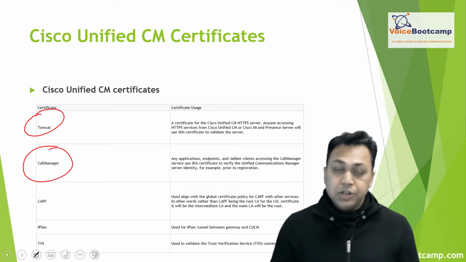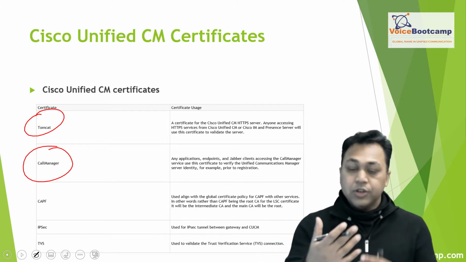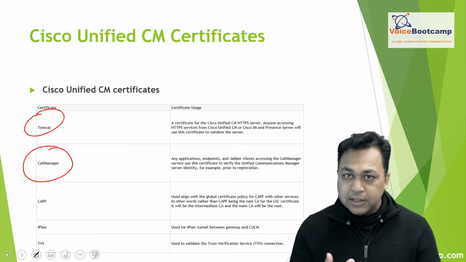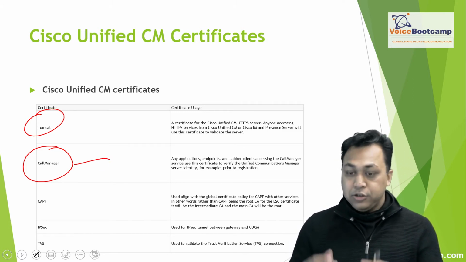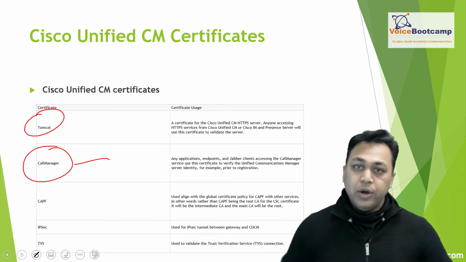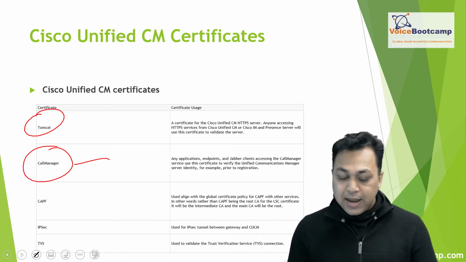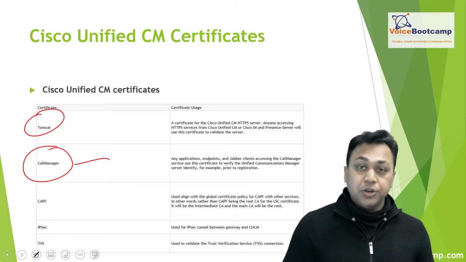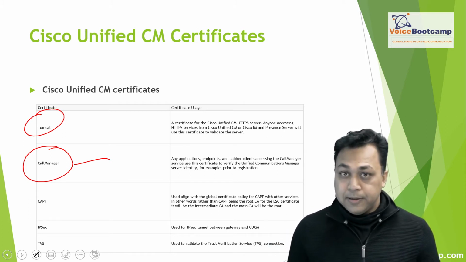Tomcat services are used when you're trying to access the web interface of the server, such as the administration page, OS administration, service availability, etc. Call manager is used by Cisco phones when they're registering with the call manager. So any application, endpoint, or Java access accessing the call manager services will use this certificate. And they have to be generated separately.